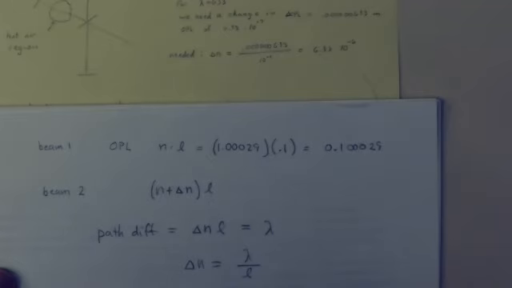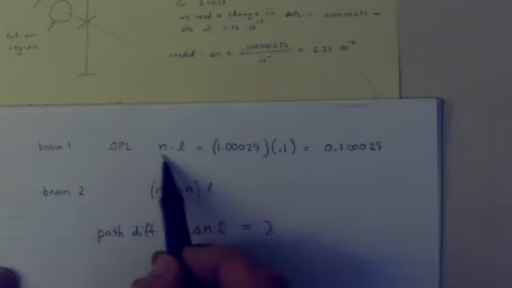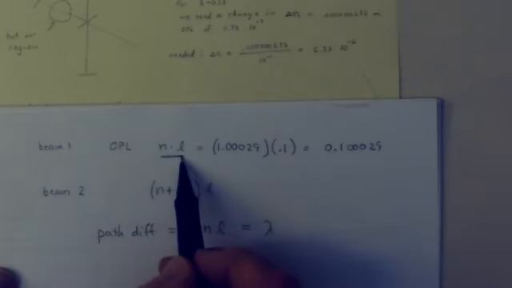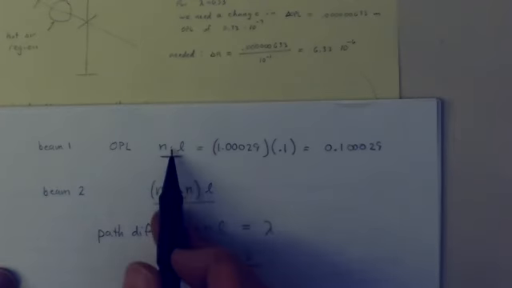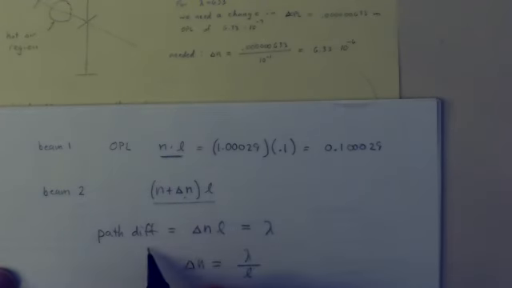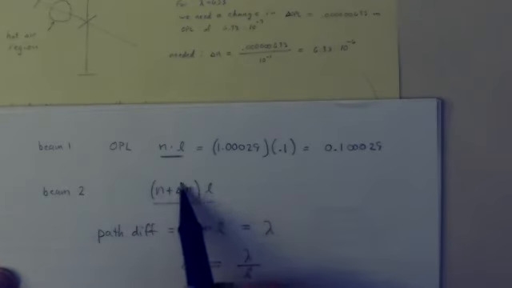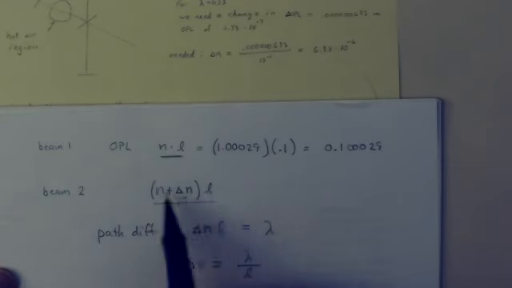Does this make a little more sense? So here's the optical path length in one beam, and here's the optical path length in the other beam where the index of refraction is changed by a little bit. It's got the original value plus some change. And then if we say we want a difference in this optical path length to be lambda, the difference is just delta n times L. The n times L would cancel out.